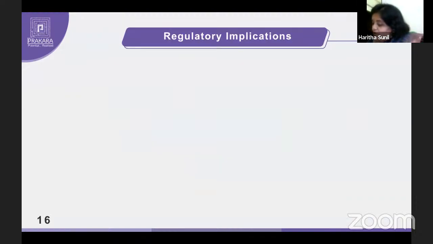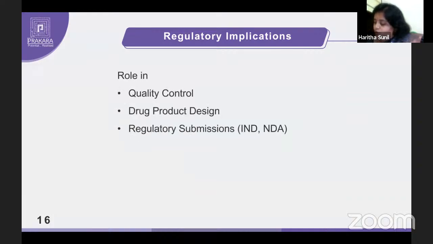And then we have the regulatory implications. So it has a role in quality control, drug product design, as well as the regulatory submissions like IND and NDA, investigational new drug and new drug application. So what is its role? The states of matter or the physicochemical properties of the drug molecules, what is its role in the quality control? In the quality control, it is going to ensure the consistency as well as the compliance with the pharmacopoeial standards.